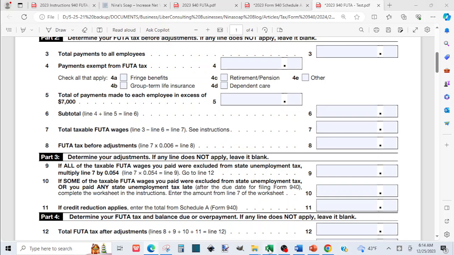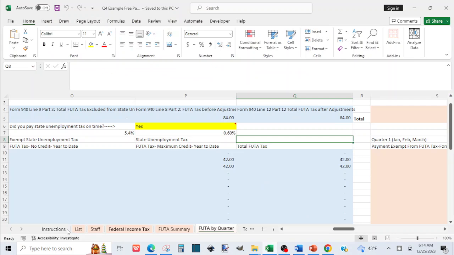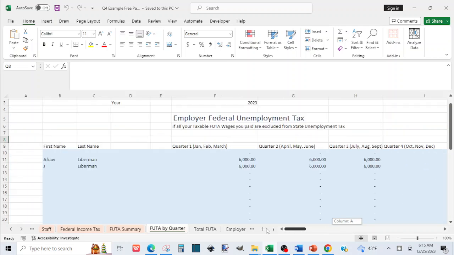You will pull your payroll data, and here we have payroll spreadsheets. A version of this payroll spreadsheet is free to find at nenasoap.com under free download. We have the FUTA section here.